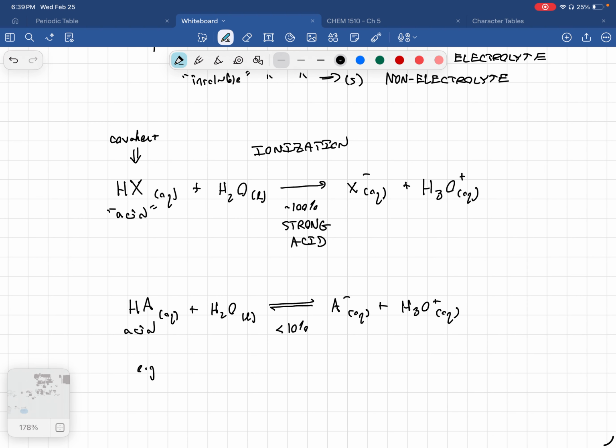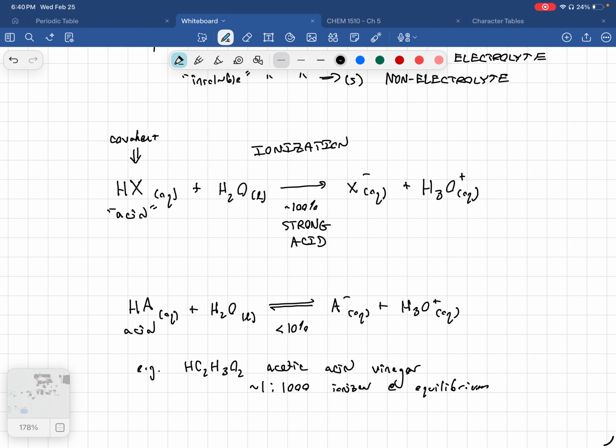For example, HC2H3O2, this acid known as acetic acid, approximately 1 out of every 1,000 molecules is ionized at equilibrium.